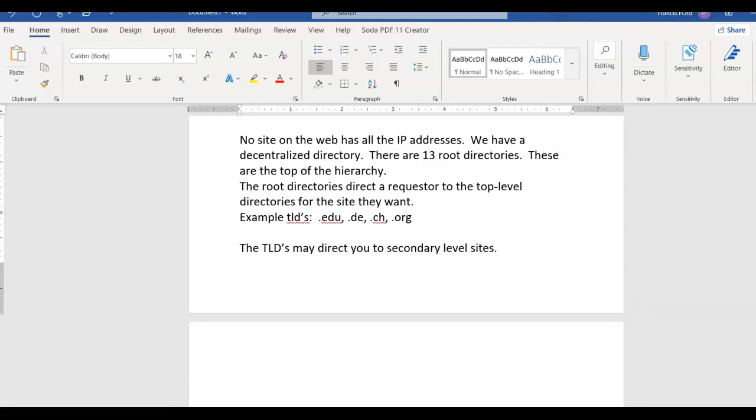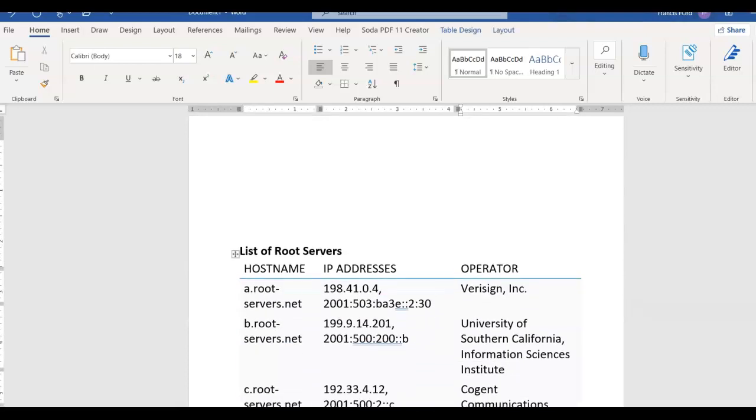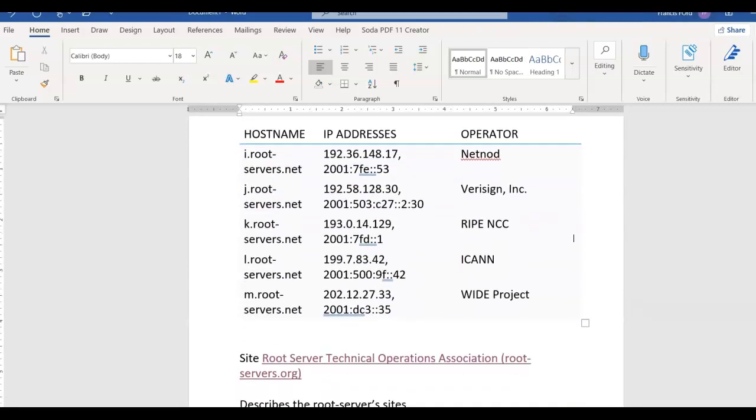For example, the .edu could direct you to providence.edu, but providence.edu may be necessary to find some of the sites that we support. They may not all be listed at the top level. Excuse me. That is more or less written out down here.